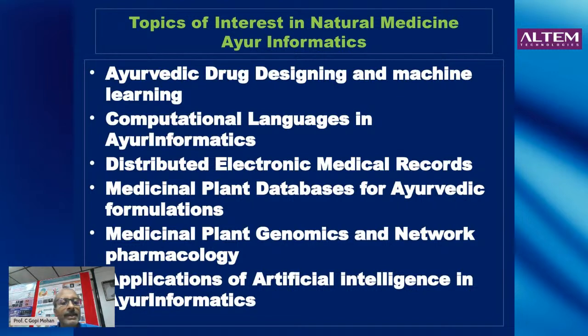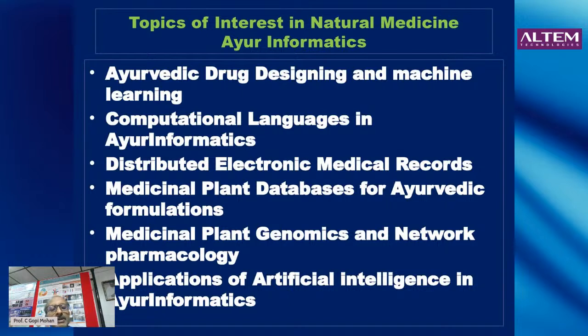So can Ayurvedic, even Sanskrit and other languages, computational languages in informatics be developed, and some of them are even developed actually, and distributed electronic medical records in Ayurveda or natural products can also be implemented. Medicinal plant database for Ayurvedic formulation can also be of interest, and genomics and network pharmacology can also be integrated.